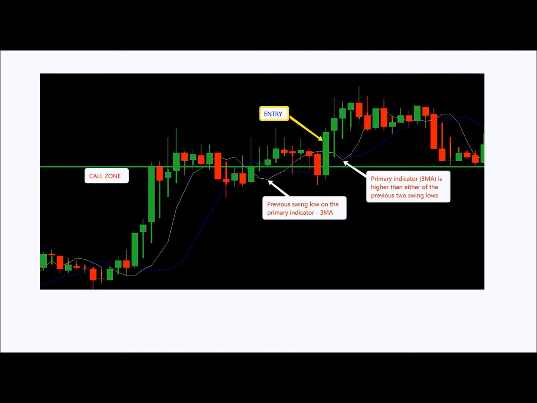If you look in the middle of the screen here, it says previous swing low on the primary indicator, the 3 moving average. So we have a swing low here in the middle, and the next one that happens when we have this buy signal is higher than the previous one. That's rule number 2A. That's an entry and that's a buy signal for us. It's higher than the previous one. Simple as that.